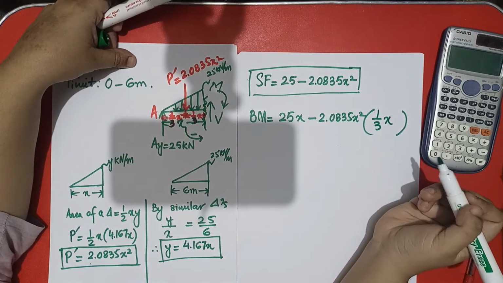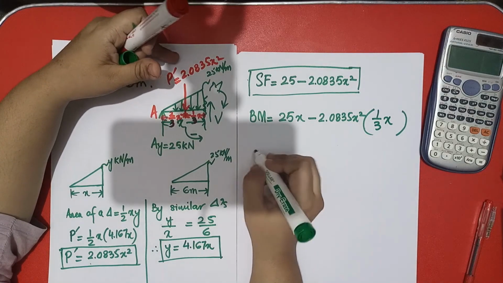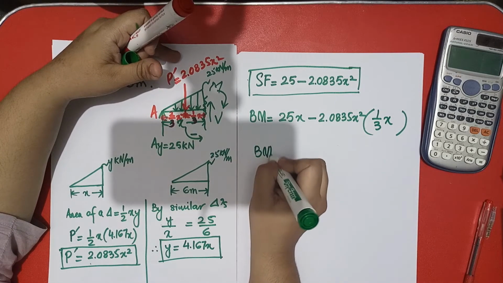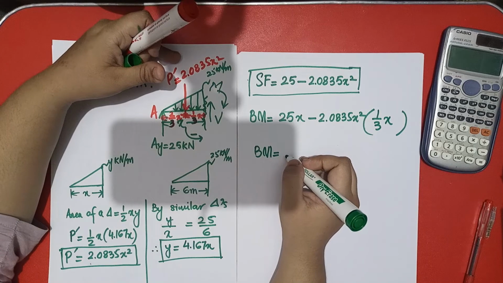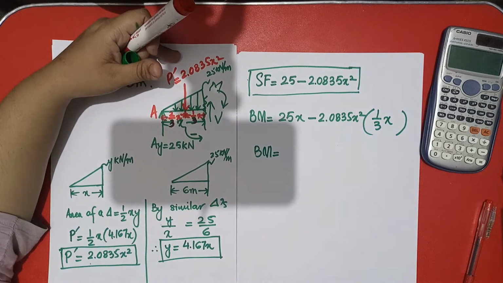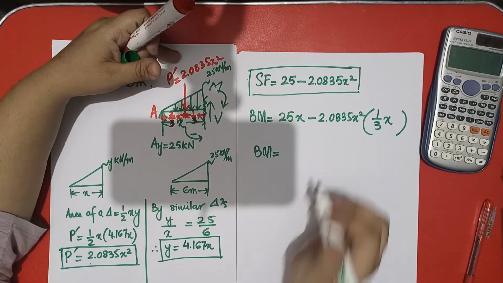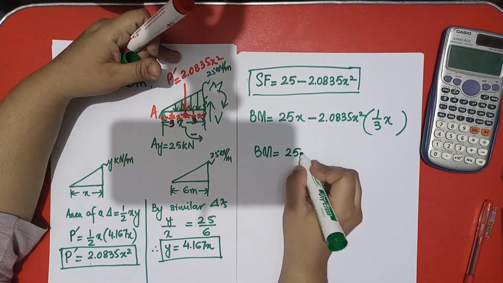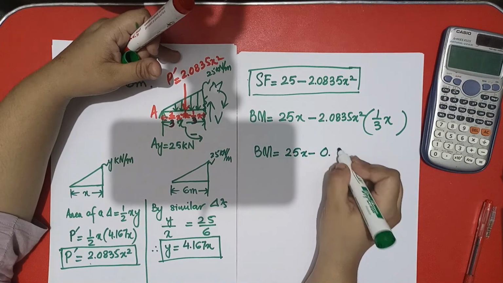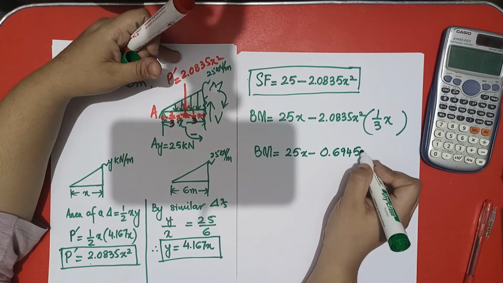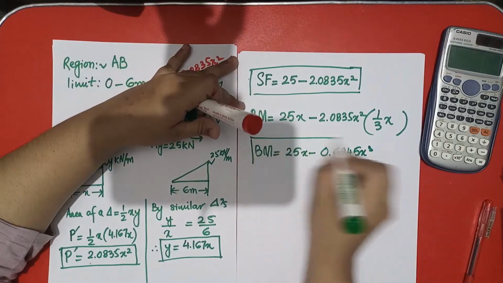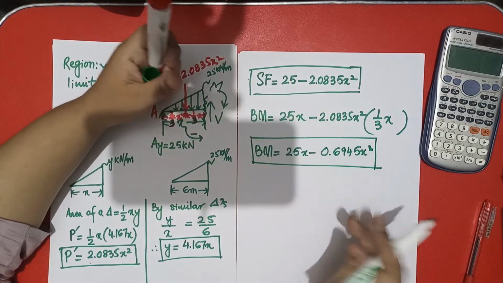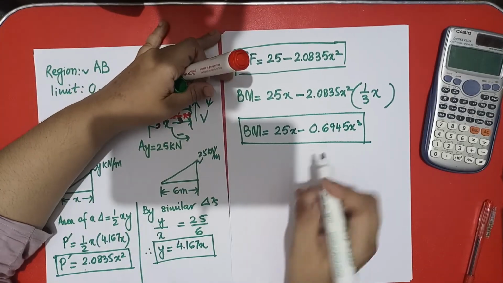So I can put it here. Now I will be able to find the equation of bending moment in the region of AB: 25x minus 0.6945 x cube. So this is the shear force equation, and this one is the bending moment equation.